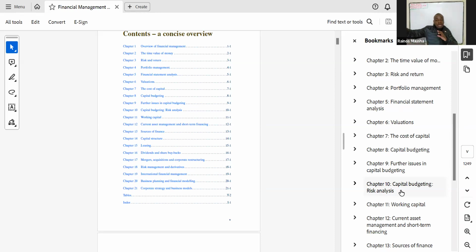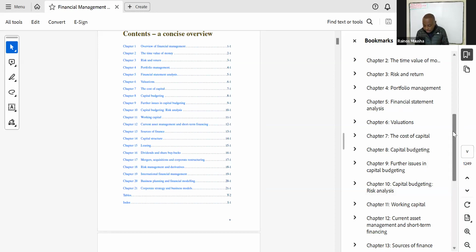This means you're building up a decision tree, which takes into account the different scenarios and their probabilities, and from there you are able to determine the expected net present value. So note that chapter 8, chapter 9, and chapter 10 you need to do sequentially, because they build on top of each other, with chapter 8 being the foundation.